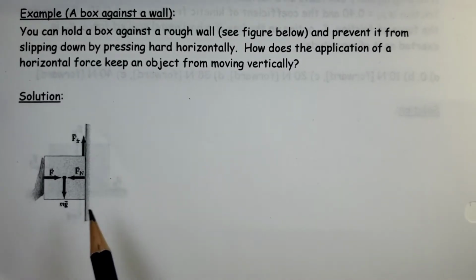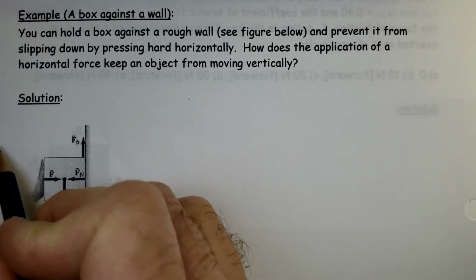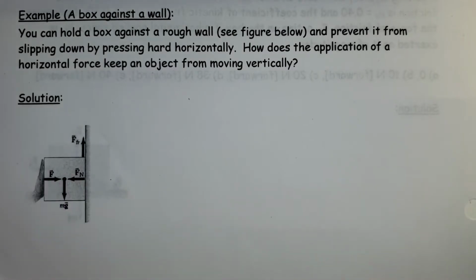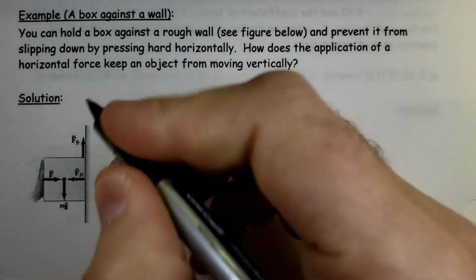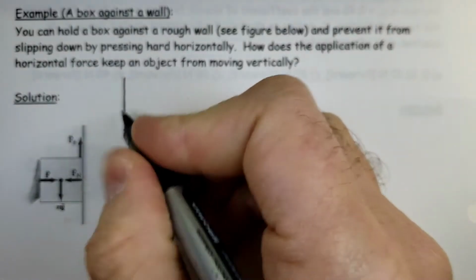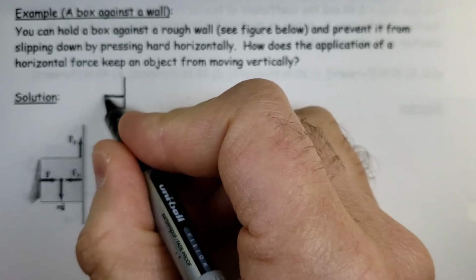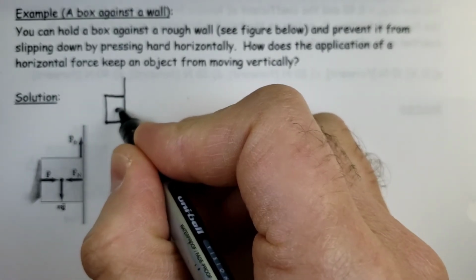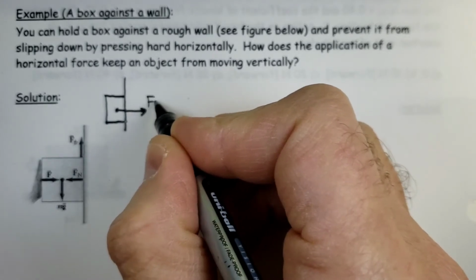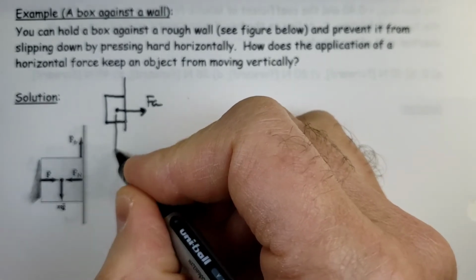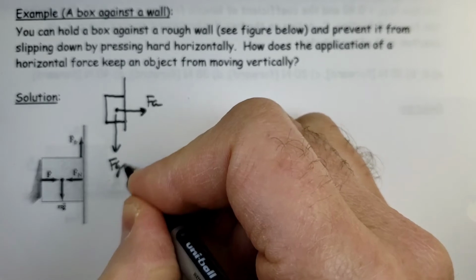Now, if you take a look here, the free body diagram is a little bit different. If we can redraw this a little bit, here is our surface. We have our box. Our FA is actually going to be this way. Of course, FG is downward.